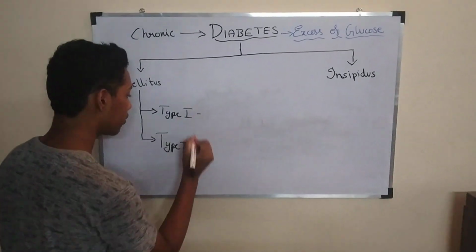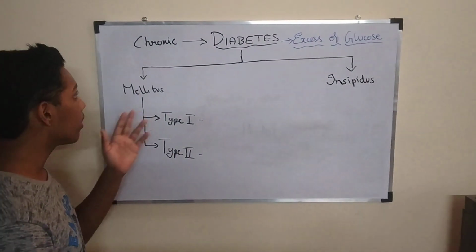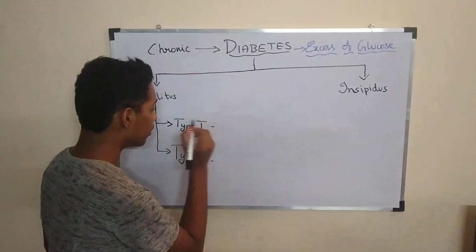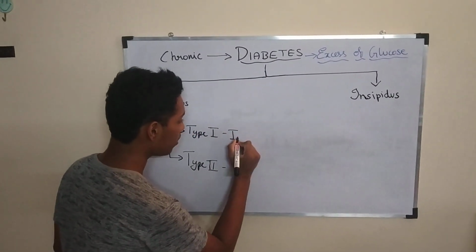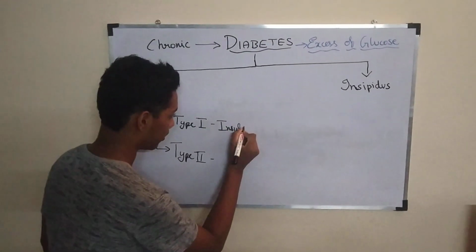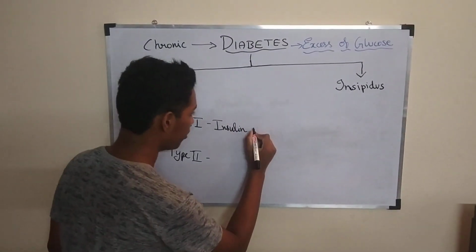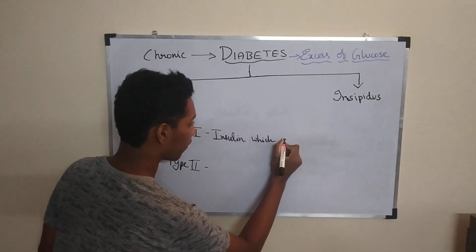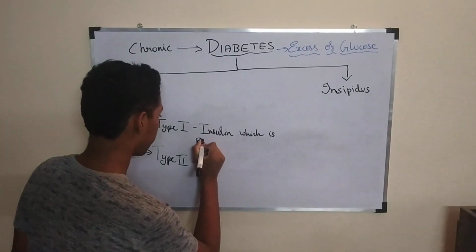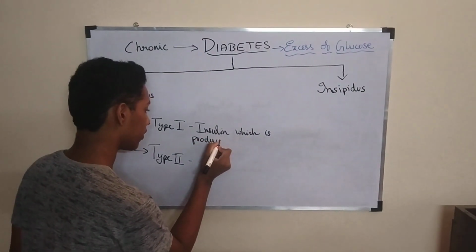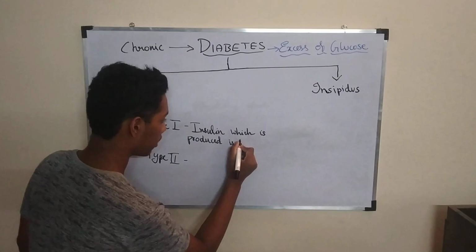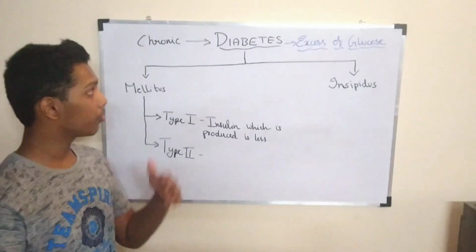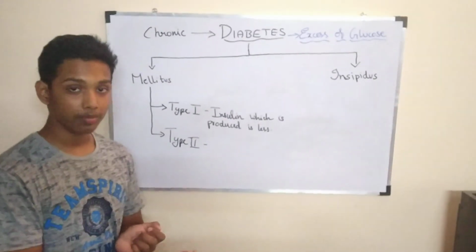Now let me explain the first type. Persons who suffer with diabetes mellitus have less insulin produced. So insulin production is less. If there is less insulin, there will be less conversion of glucose to glycogen.